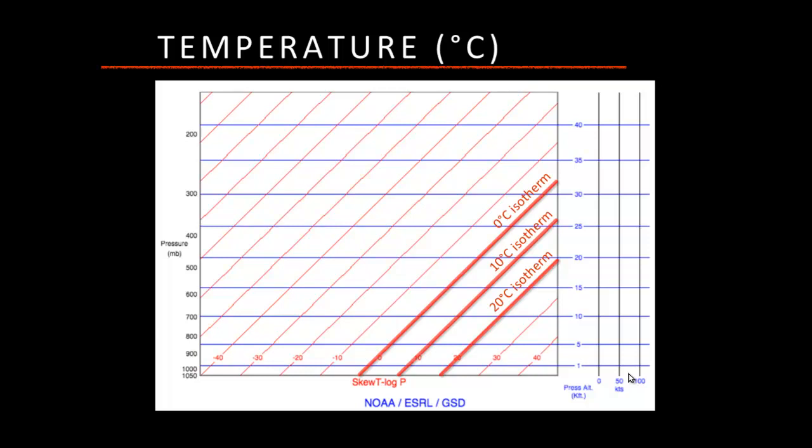The nice thing about skewing it to the right is that when you plot a temperature and a dew point on the diagram, they pretty much follow straight up and down. It saves real estate when you plot it. Plus it allows meteorologists, and pilots as well, to pick out different features easily if you skew it to the right.